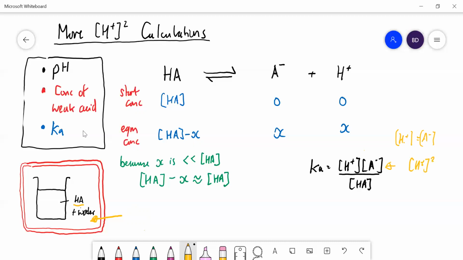Of course, this goes back to the fact that this is only true when you haven't added any sodium hydroxide, or acid, or anything else, only when you've got the weak acid in there.